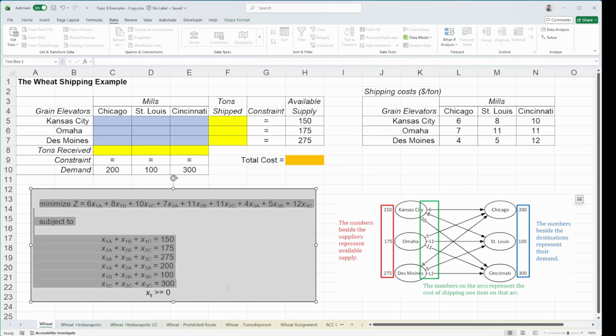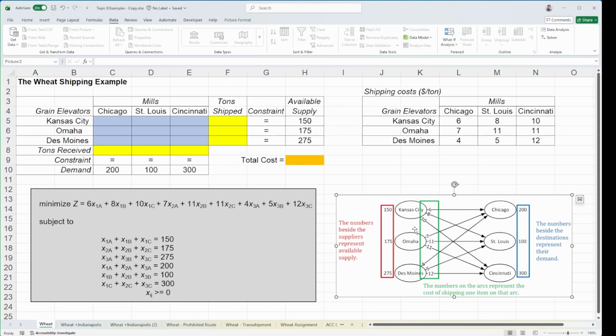On the left, we have a gray box that shows the mathematical model that we created for this network. So the variables are defined for each arc ij, right? We have 2 subscripts, the first subscript i denoting the supplier, the second subscript j denoting the customer.